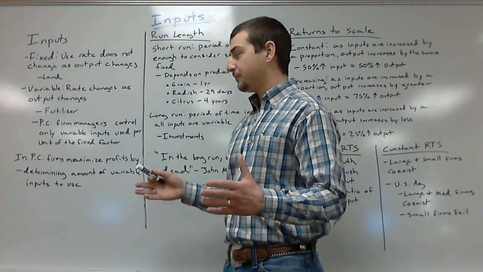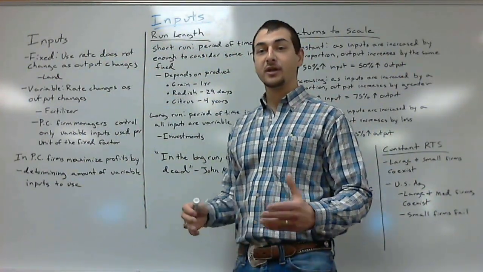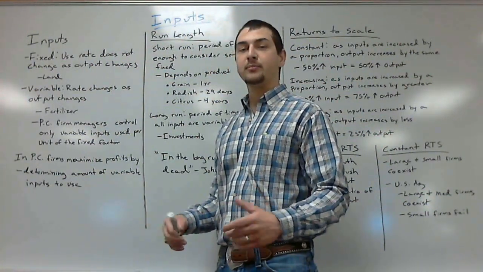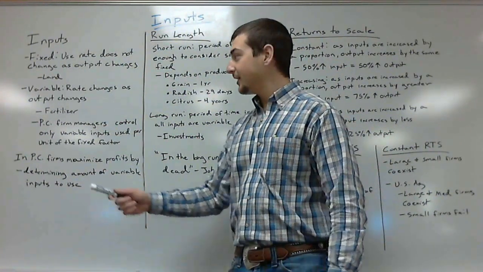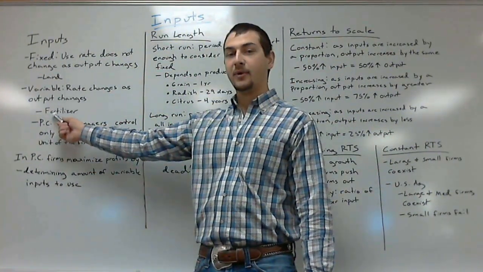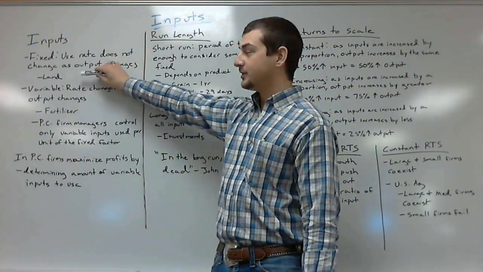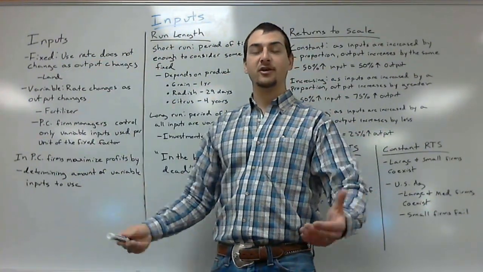And then in a perfectly competitive firm, for them to maximize profits, what they are trying to do is determine the amount of variable inputs, that exact amount. Exactly how much fertilizer am I going to use per acre to maximize my profits? They're not really concerned about how much land am I going to use to maximize my profits, because that cost is fixed.